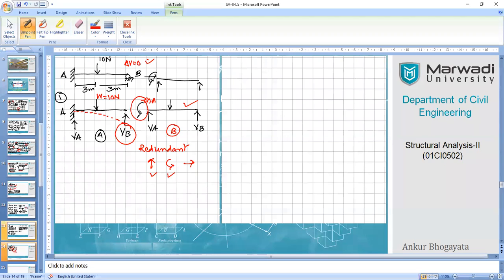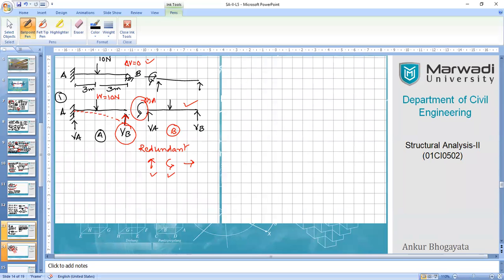Similarly, when you reintroduce your redundant force, it will restrict this downward movement, so it will bring the deflection to zero. Can I write this condition as an equation, which gives a compatibility condition?